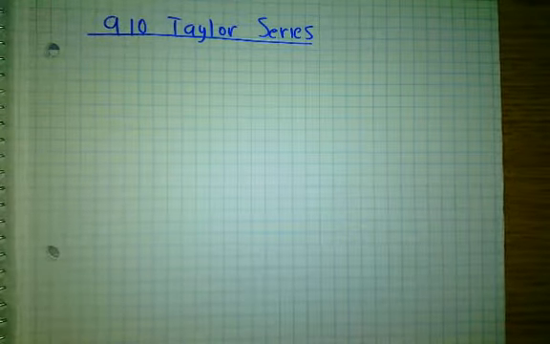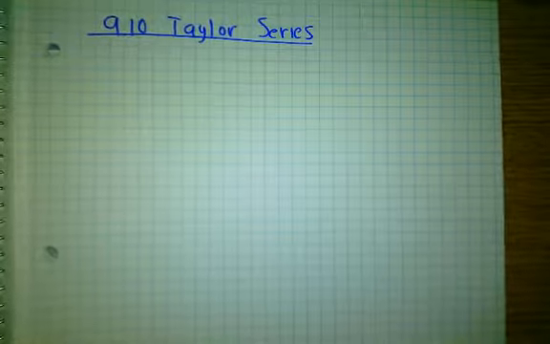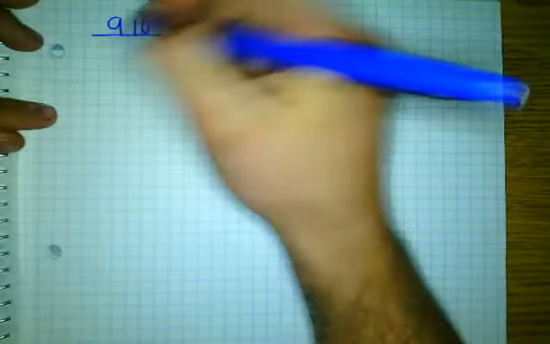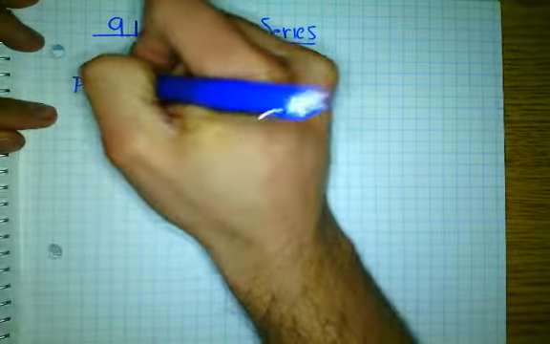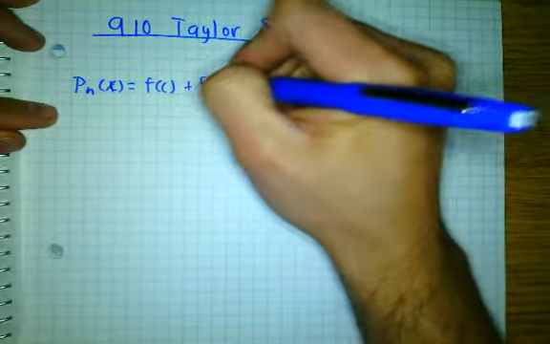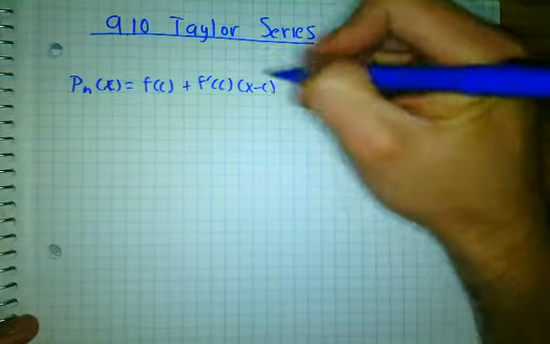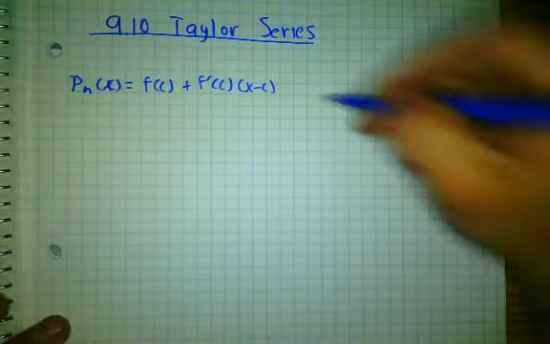So what we're going to do with those polynomials is make them into series. So refresh my mind. Remember that a Taylor polynomial takes the form of f of c plus f prime of c times x minus c over technically 1 factorial, right?